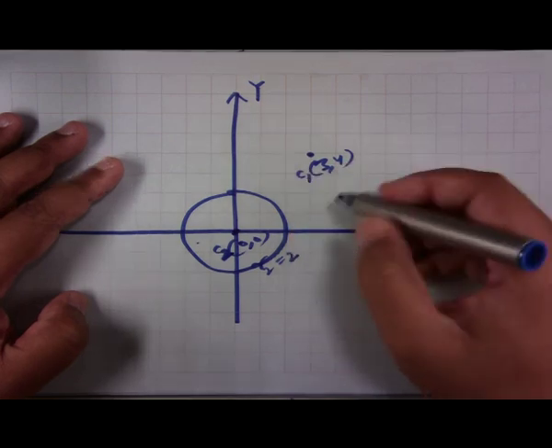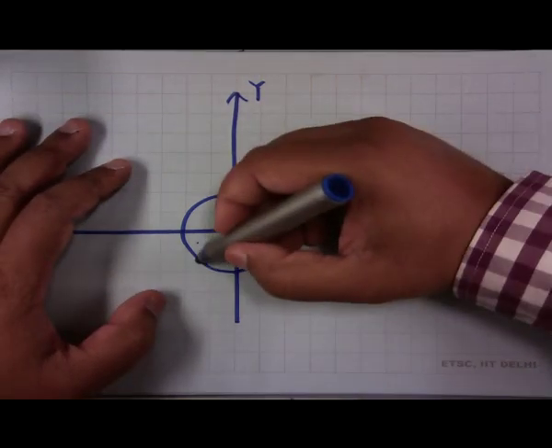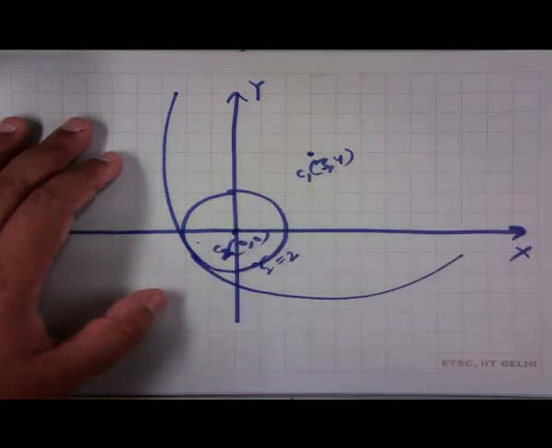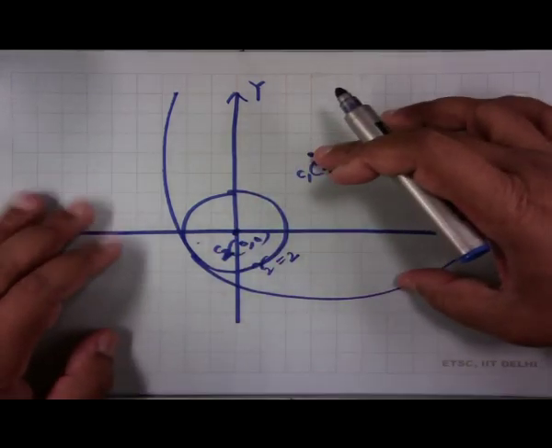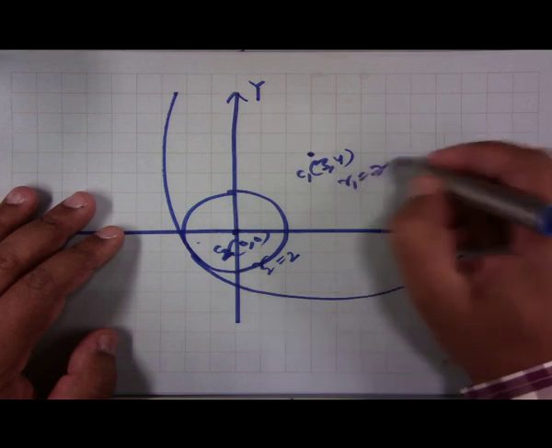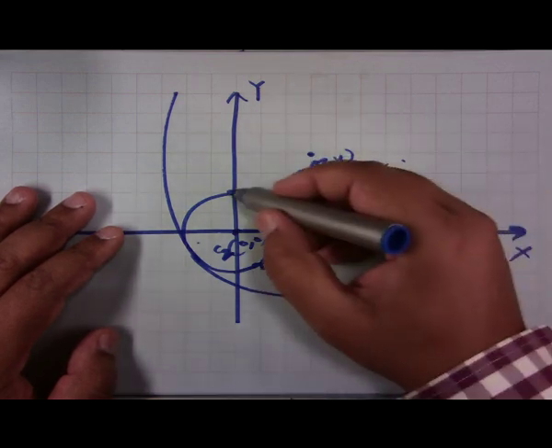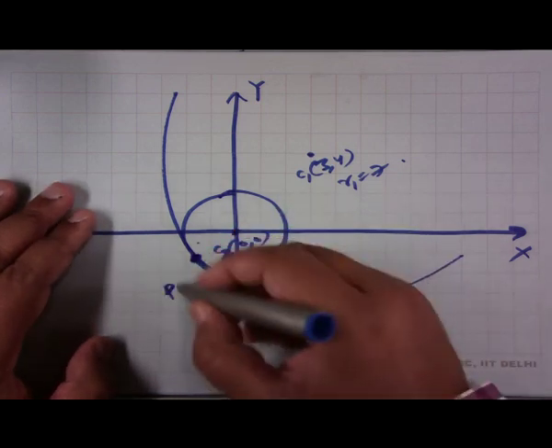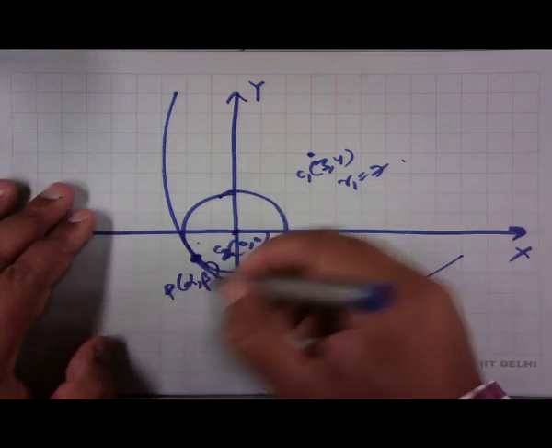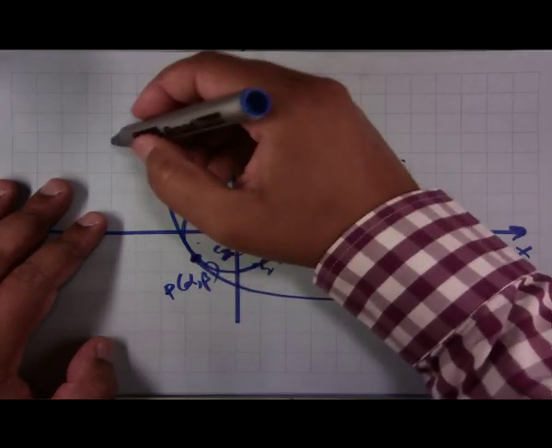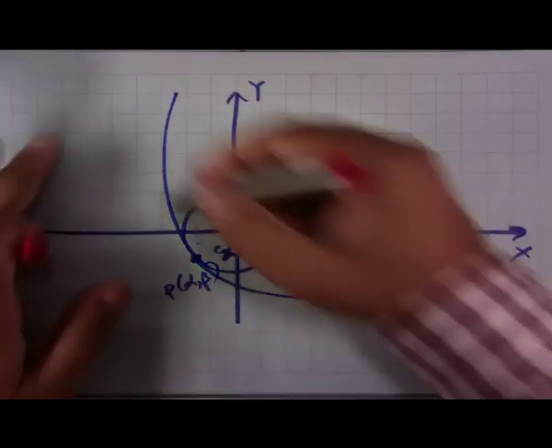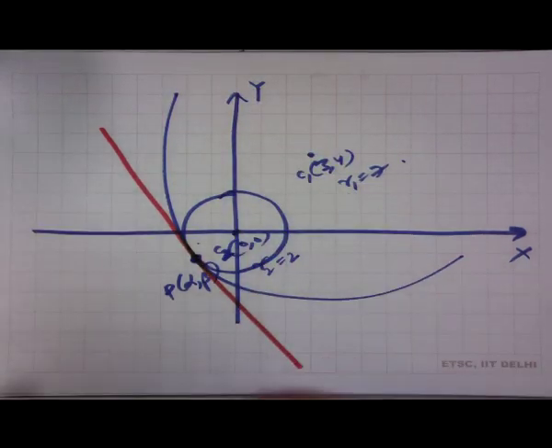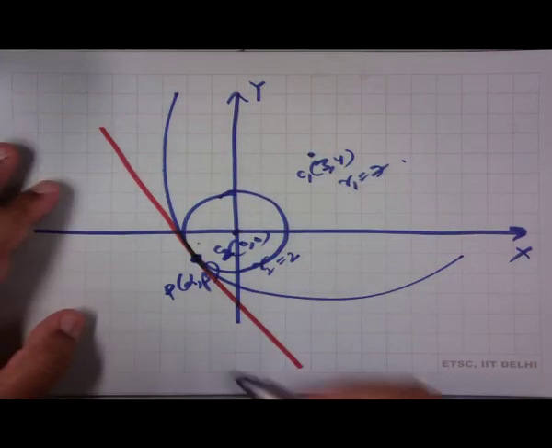The other circle has center C1 and radius 7, which I am just drawing here, but obviously we cannot draw the entire circle because its radius is 7 units. As we can see, these two circles touch internally at this point P. So, they have only one direct common tangent.